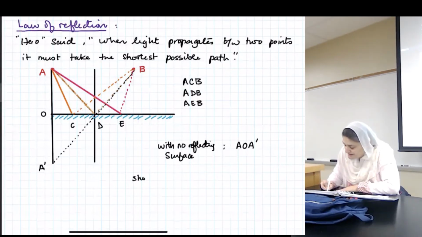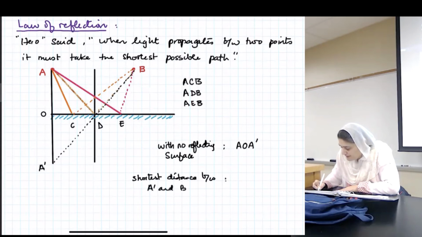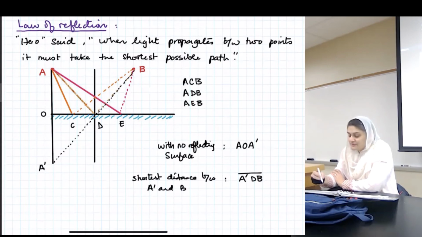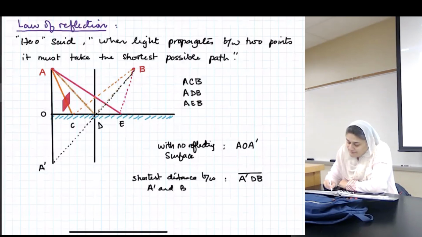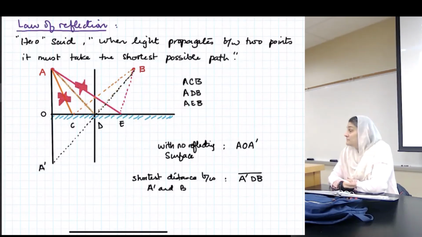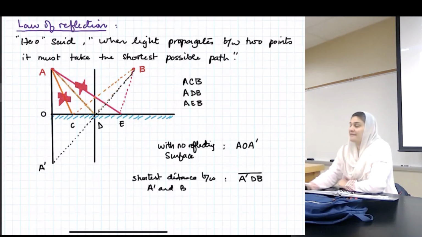So the shortest distance between A prime and B will be a line A prime DB, which means that I will never have this happen or that happen, because his principle stated that light will take the shortest possible path.